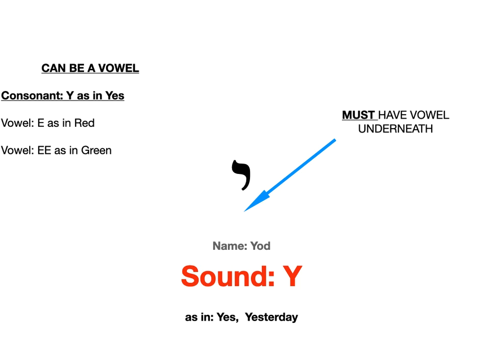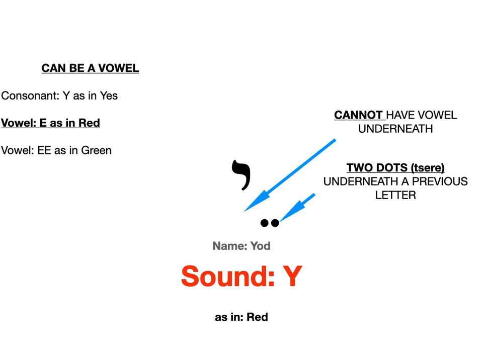Now, the way you know the difference is if there is some kind of vowel underneath, or a vowel that goes with that yod, it becomes a consonant. If there is nothing underneath, but there are some dots in front, it will become a vowel. I'll give you the example. If this is a consonant, the sound is y, like yesterday or yes. If this is a vowel like in red, it will have two dots in front of it, and there will be nothing underneath the yod itself.